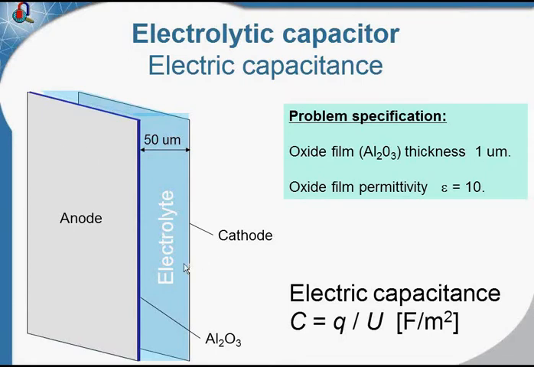Anode, cathode, and electrolyte are conductors, so the electric field is concentrated only in the thin layer of the oxide. To calculate the capacitance, I should assign some electric potential to the anode foil and to the cathode foil, and calculate the electric charge. So let's start QuickField and take a look at this case.